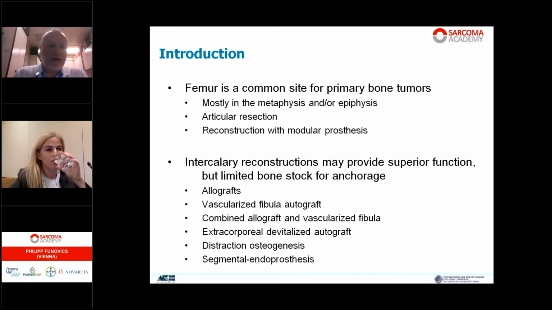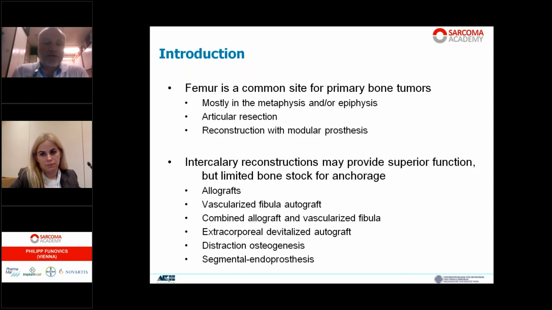However, in intercalary reconstructions, or in diaphyseal tumors, we might get away with intercalary reconstructions, still providing wide resection. As they preserve the joints, these reconstructions may provide superior function, but the challenge is the limited bone stock for anchorage of whatever we use.